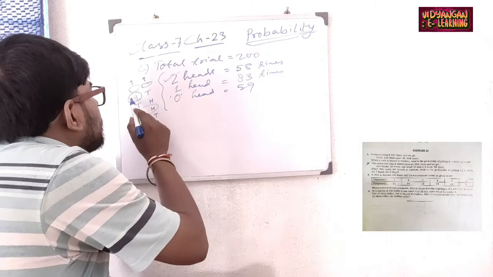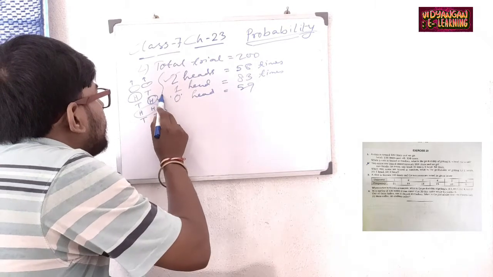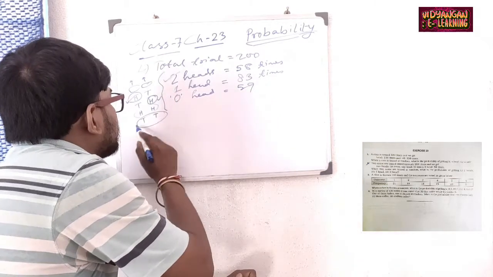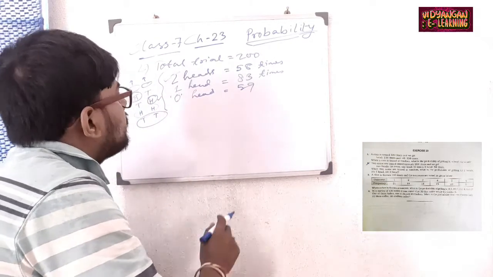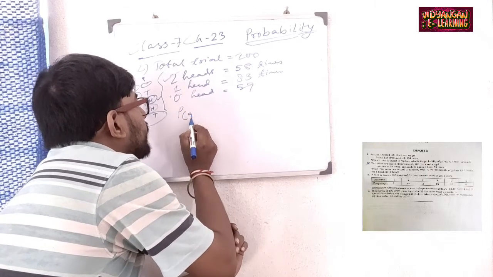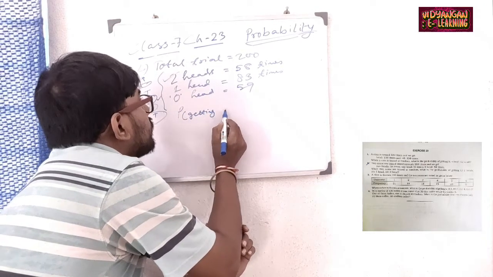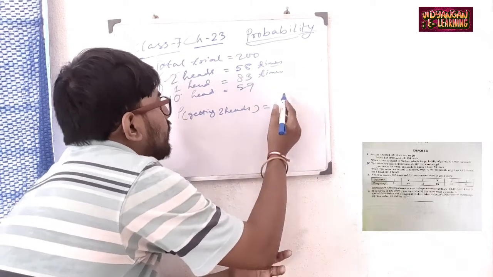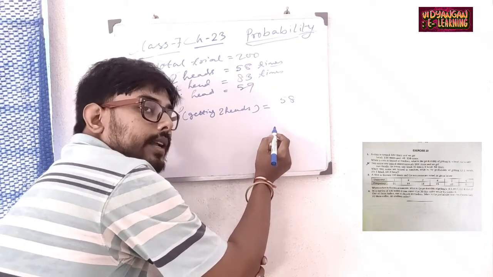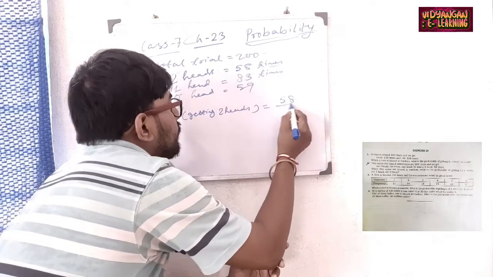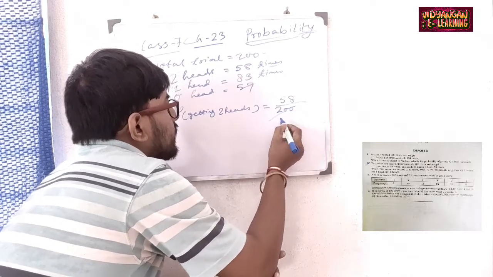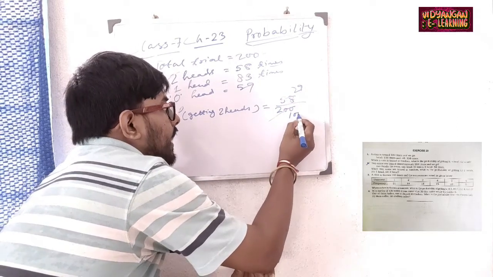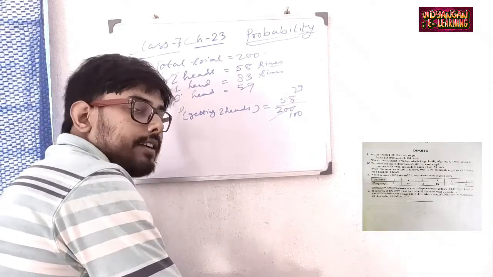One head means it may be HT or TH, and zero head means both are tails. So the probability of getting two heads is equal to the number of times we get 2 heads, 58 times, out of a total of 200 trials. Now simplify this by 2, we find 29 by 100.